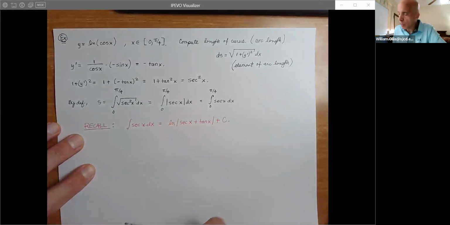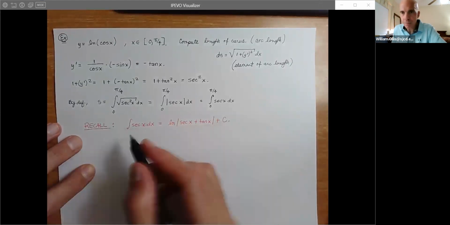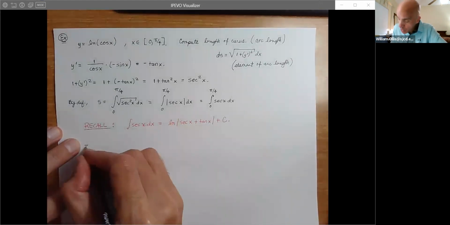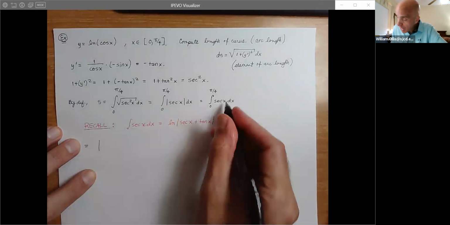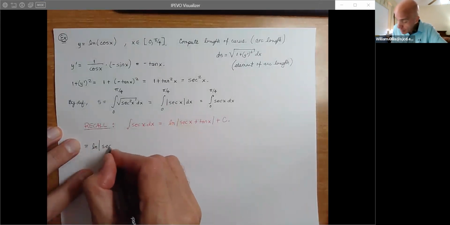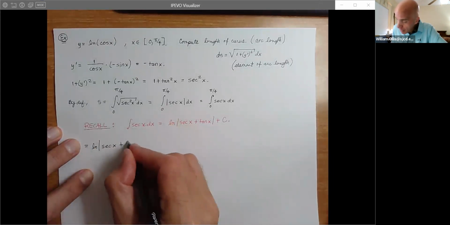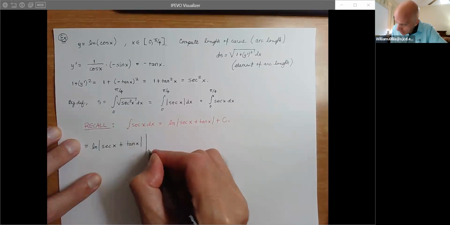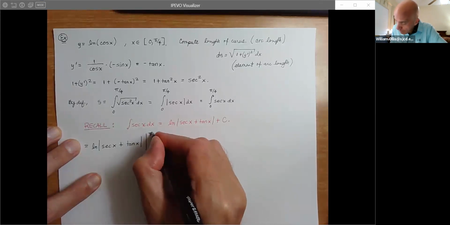So again, just what we learned in Cal 1. So we'll apply that antiderivative. So we have the absolute value natural log secant x plus tangent x, 0 to pi over 4.